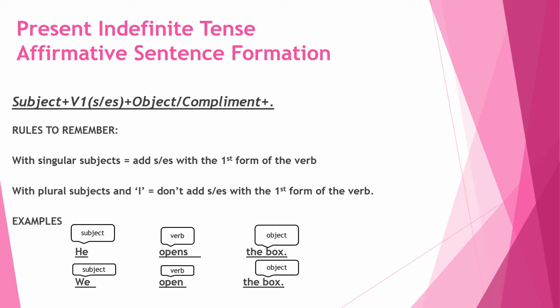So here are some rules to remember. With singular subjects, you add s or es with the first form of the verb. As I have told you earlier, the subject can be singular as well as plural. So if your subject is singular, whichever verb you are adding, you should add s or es. But in case of plural subjects and I, you do not add s or es with the first form of the verb.